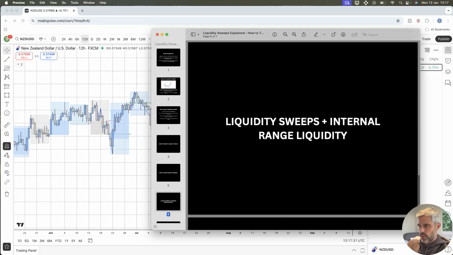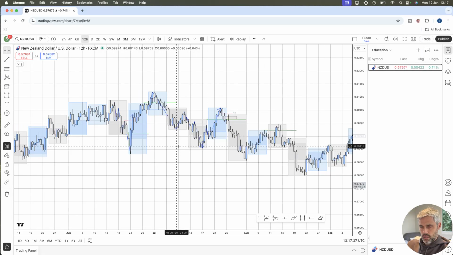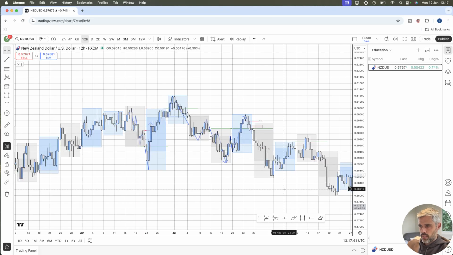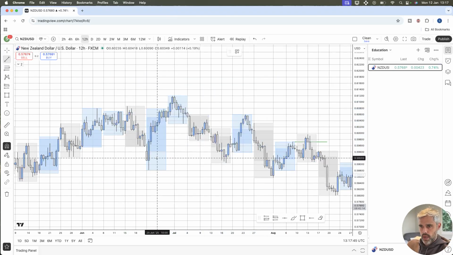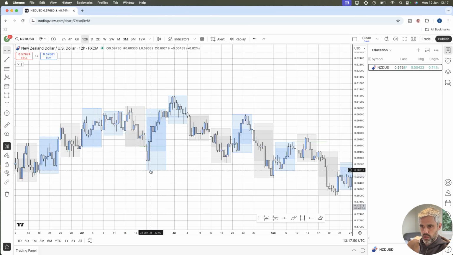What you then have is internal range liquidity. And this we can go into in a lot more detail. But what you'll see is that if I just take this away, and I'm just going to draw back this particular liquidation right here, the sweep of this low.